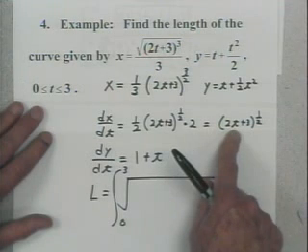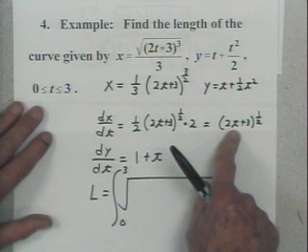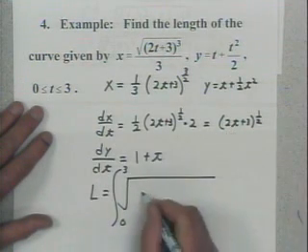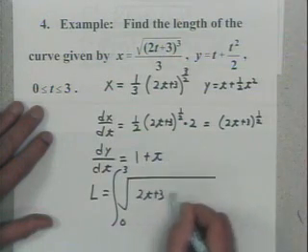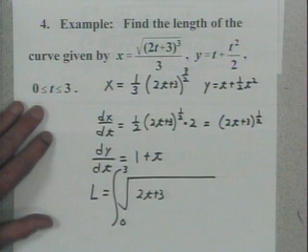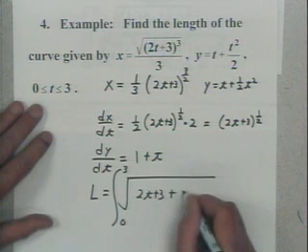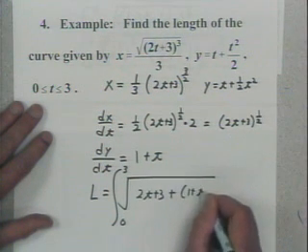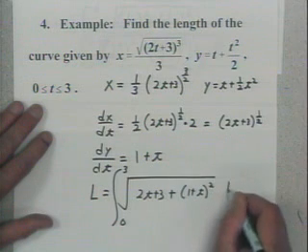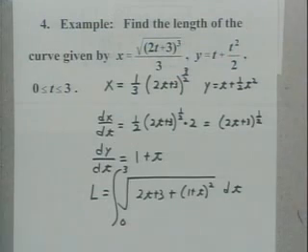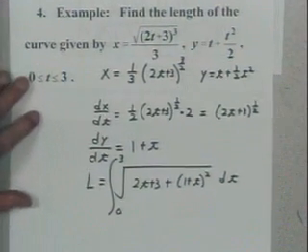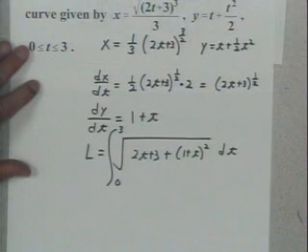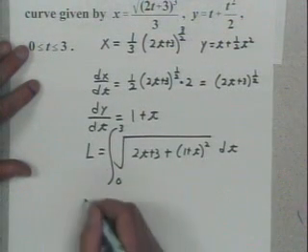Okay, what happens when I square dx/dt? You're just going to get 2t plus 3, right? Because it's to the 1/2, and I'm going to square it. But I still have to add 1 plus t, the quantity squared, and then dt. And to show you how carefully I rigged up this example, you're not going to believe this. I worked harder at rigging it up than doing it.